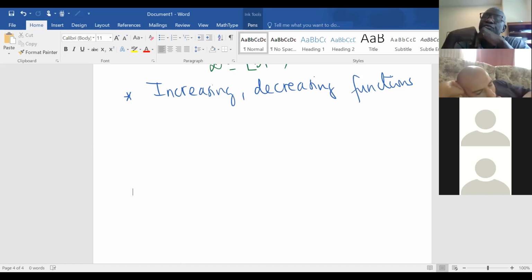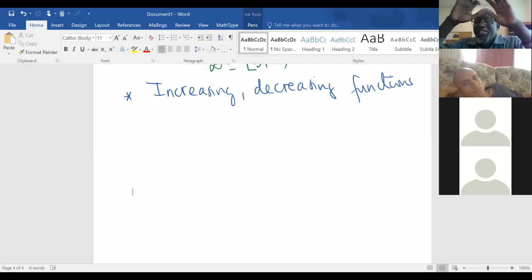Okay, so a decreasing function is the other way around, right? The more the input X increases, the less the output, right? The more X increases, the more Y decreases, right? For instance, if we say the age and the health, in general, right?